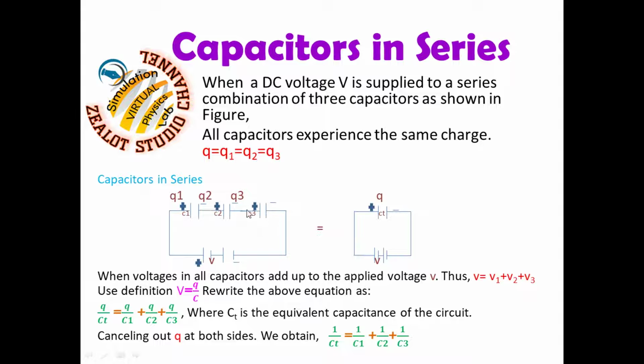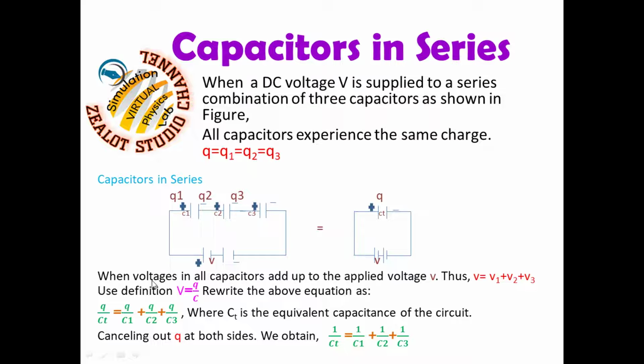So V1 plus V2 plus V3 is equivalent to V. Here V is equal to V1 plus V2 plus V3. V1 means the voltage supplied across capacitor 1, V2 means the voltage across capacitor 2, and V3 means the voltage across capacitor 3.